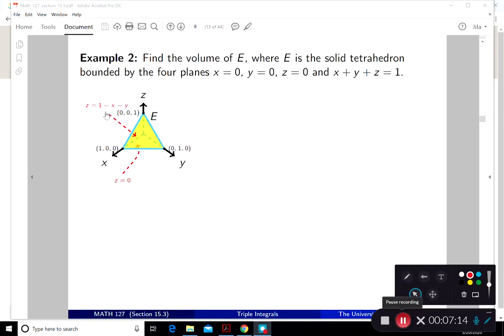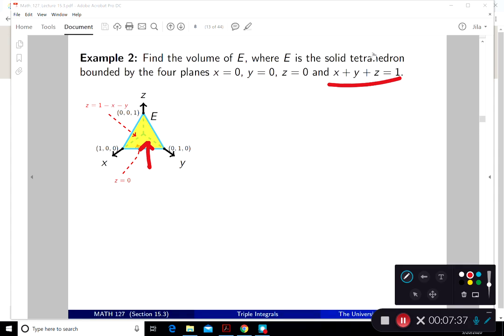So now that I have the tetrahedron, how do I set up the integrals? I see there's a surface in the bottom, which is z equal to 0, and there's a surface on top right here that comes from this plane.